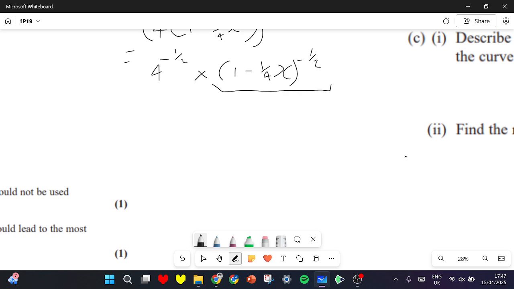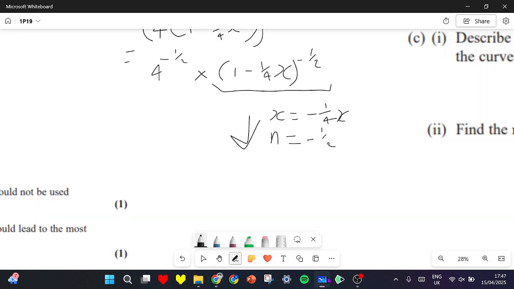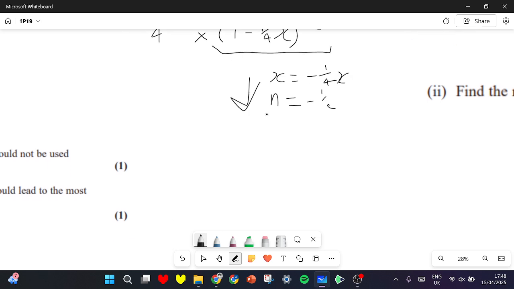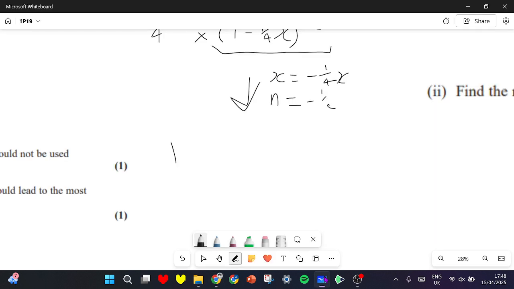So if we expand out this bit, our x is equal to minus 1 over 4x, and n is minus a half. So wherever you see x or n in this formula, just replace it with minus 1 over 4x and minus a half. So that's going to be 1 plus n times x.